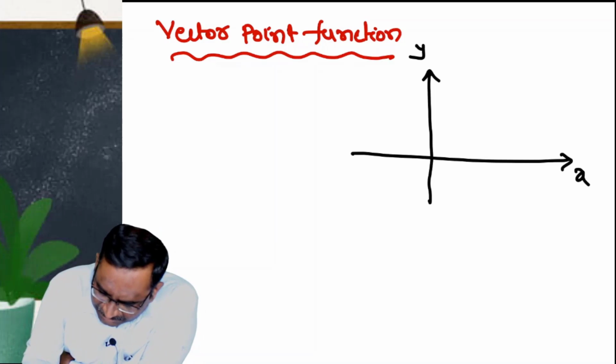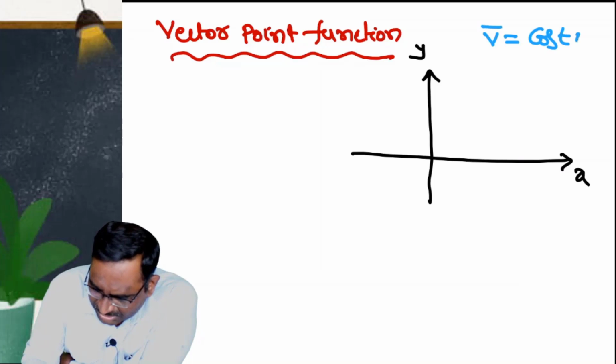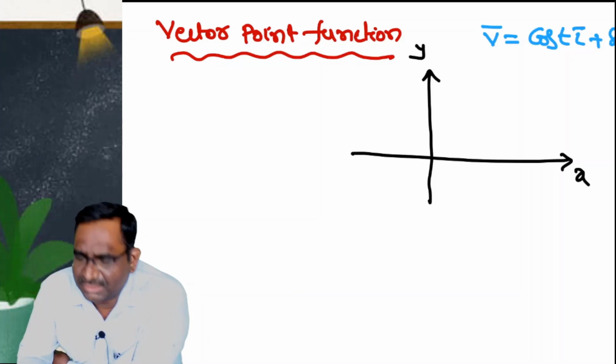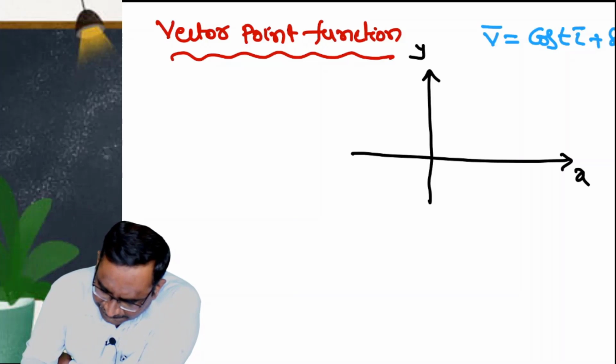I have a vector, let this vector be v bar, which is cos t i bar plus sin t j bar.